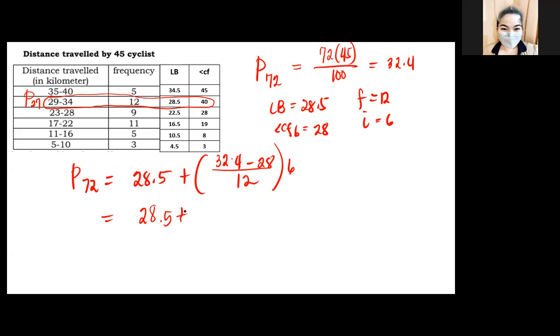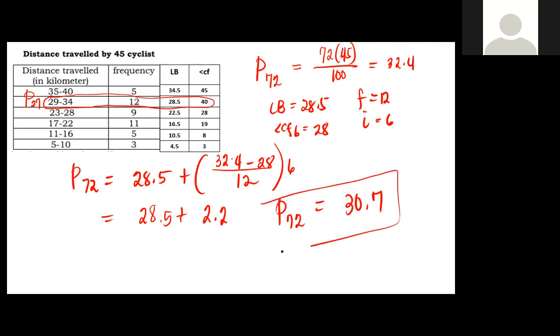Divide natin sa 12 times 6. 2.2 po. 2.2. What is P sub 72? 30.7. 30.7. Okay.